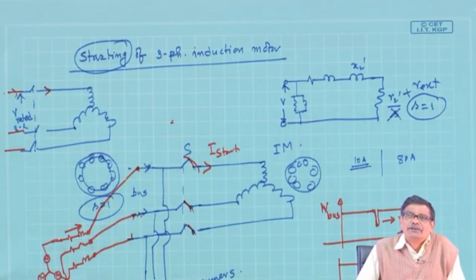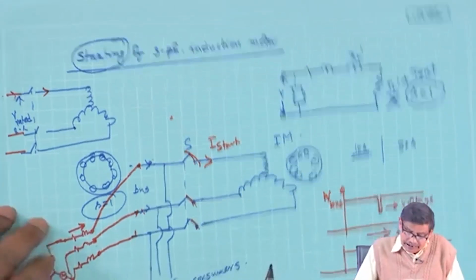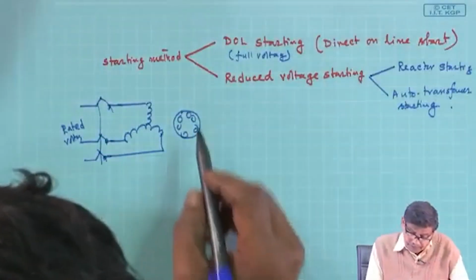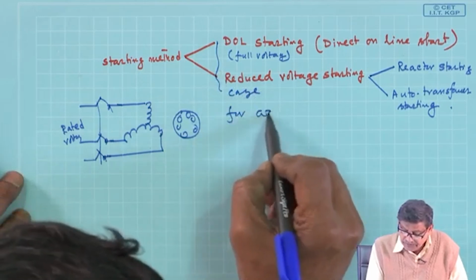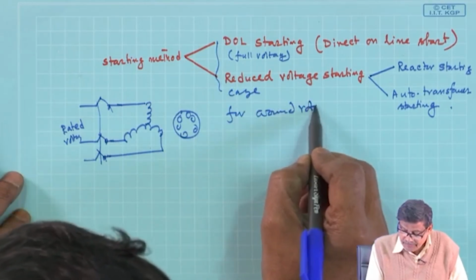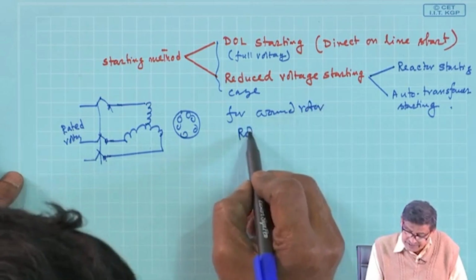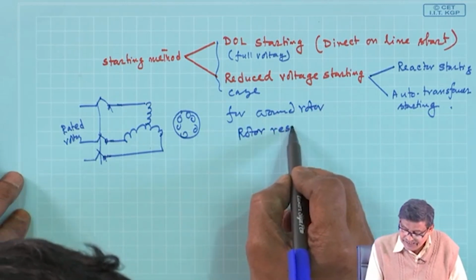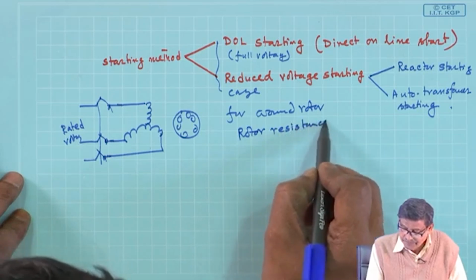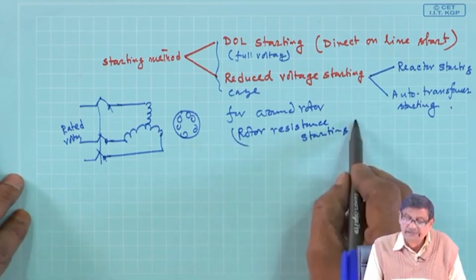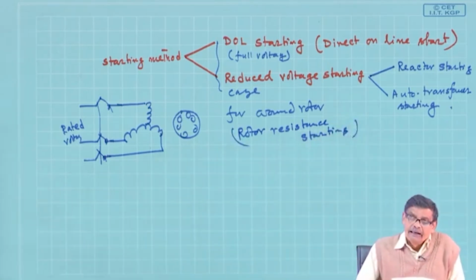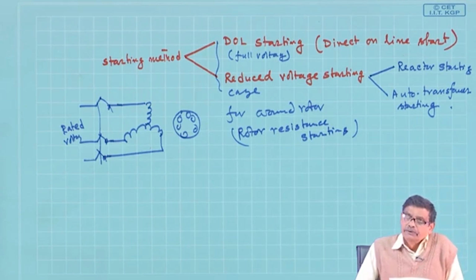So, both ways benefit you will be getting. So, that is for wound rotor motor, these are for cage. For wound rotor, rotor resistance starting, that is connect some external resistance per phase in the rotor circuit at the time of starting. So, it will not only limit the starting current, but at the same time it will also improve the starting torque.